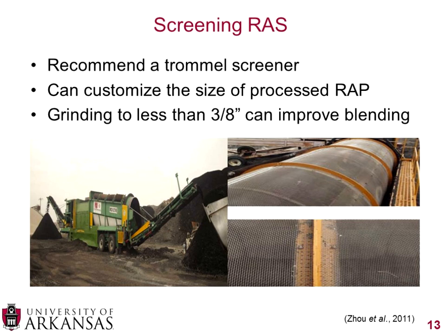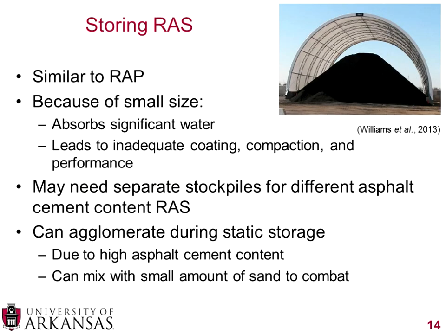And the rule of thumb is that you want to try and get it certainly less than 1/2 an inch, but even going smaller to 3/8 of an inch can improve the blending with the asphalt concrete. Now, if you continue to grind and continue to get to smaller sizes, that's again probably going to be an increase of cost, but you may see an increase in the quality of your mixture as well.